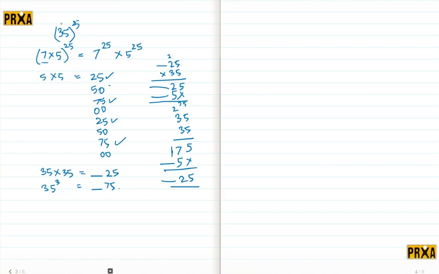So any base number with the last digit 5, I'm invariably going to end up with the last two digits 25 or 75. But then how do I figure out whether it's going to be 25 or 75? Now the thumb rule for this is fairly simple.